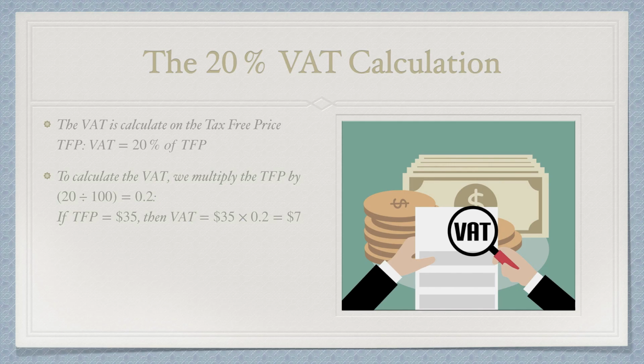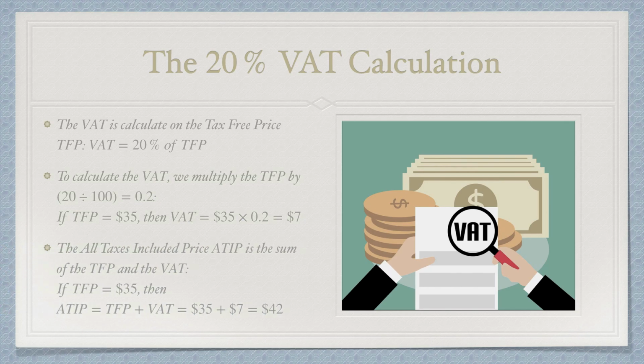If TFP is $35, then VAT is $35 multiplied by 0.2, that is $7. The all taxes included price ATIP is the sum of the TFP and the VAT. If TFP is $35, then ATIP is TFP plus VAT, that is $35 plus $7, $42.